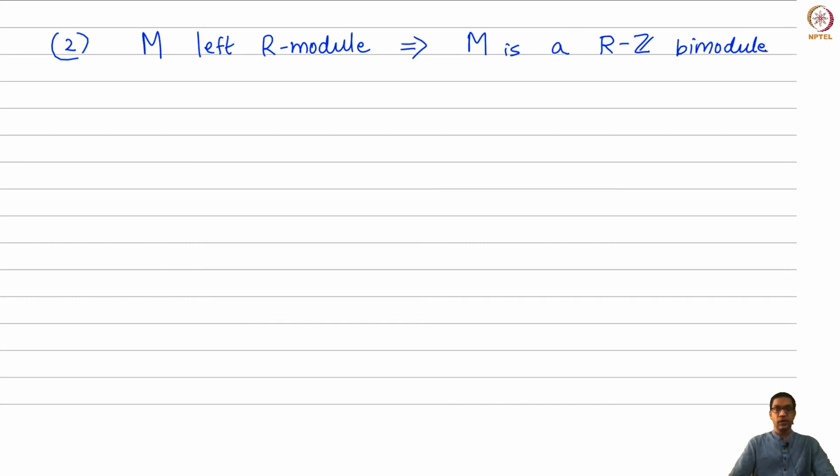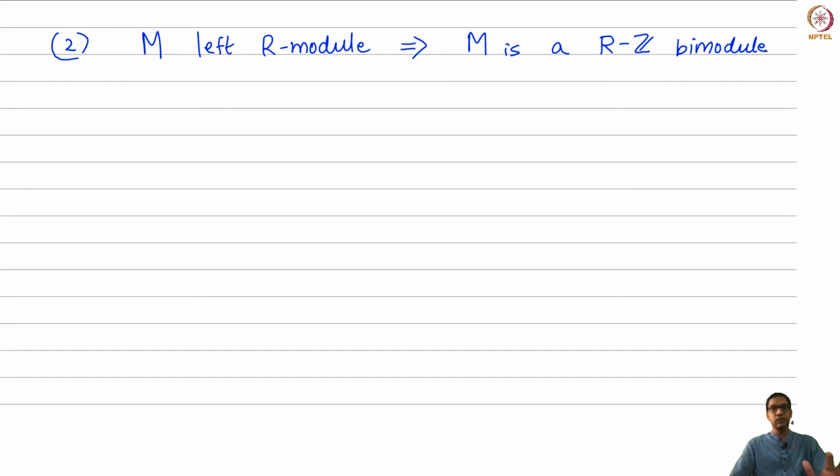So I claim that if M is a left R module, then I can think of it as an R-Z bimodule. Firstly, what does that require? I should be able to think of M as a left R module. That's already given. I need a right Z module structure.